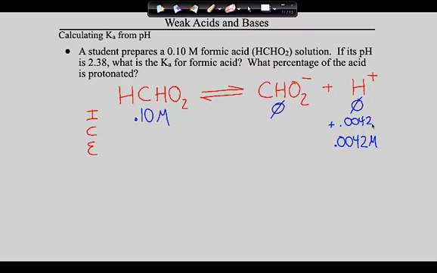So did hydrogen, so did the conjugate base. It also went up by 0.0042. So this must also be 0.0042. But now, guys, if that is 0.0042, what happened to the original acid? It went down by 0.0042. And now we can do that math.